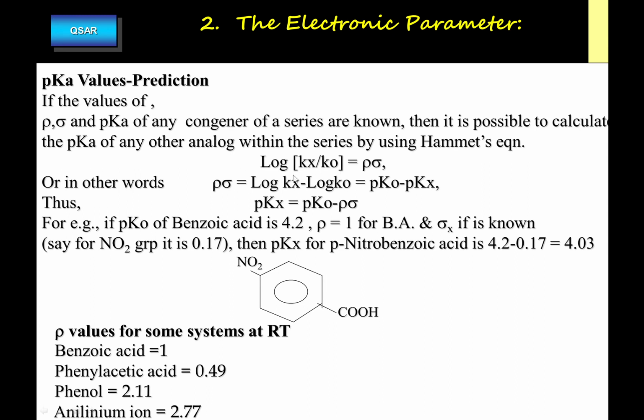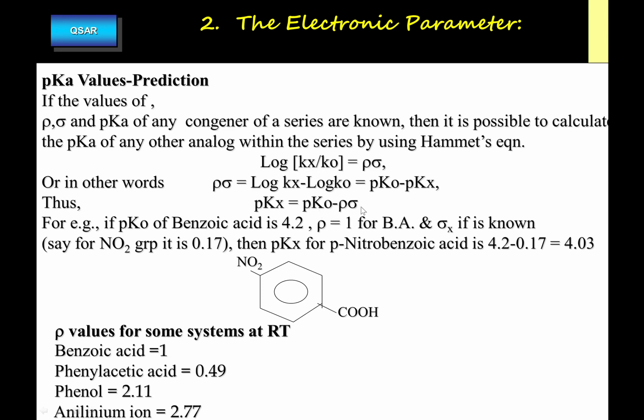If the negative log is a positive pKa, so this becomes pk0 and this becomes minus pkx. So if you want to see what pkx exactly is, that is the dissociation constant of substituted benzoic acid, you bring it to the RHS and you transfer this sigma to the LHS. So it becomes pkx is equal to pk unsubstituted minus sigma.